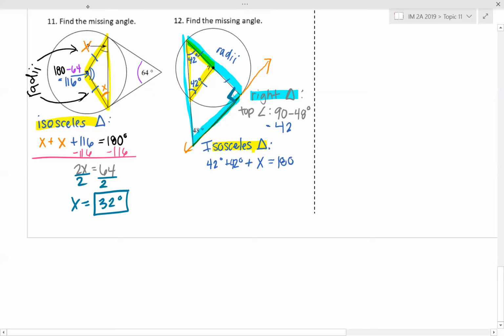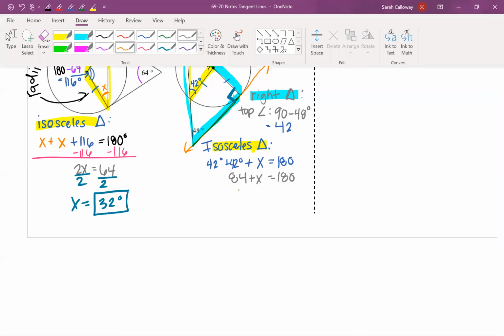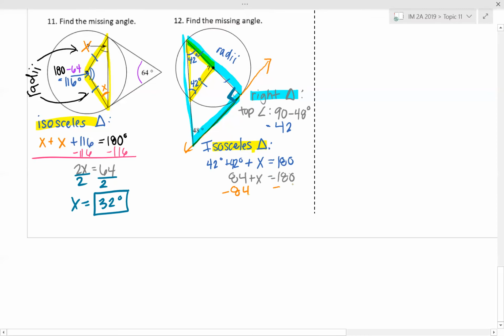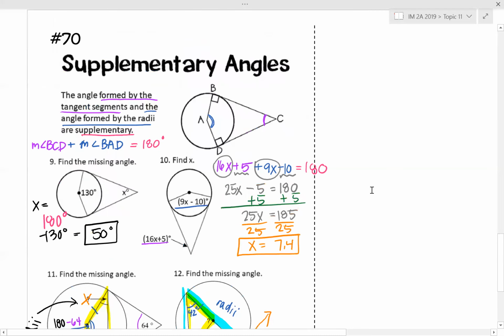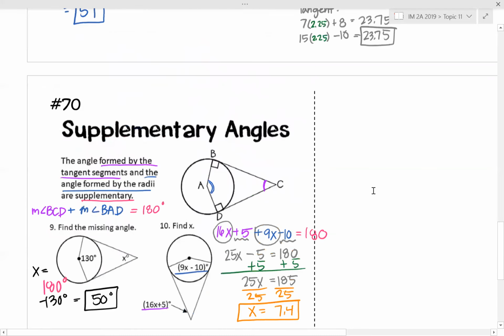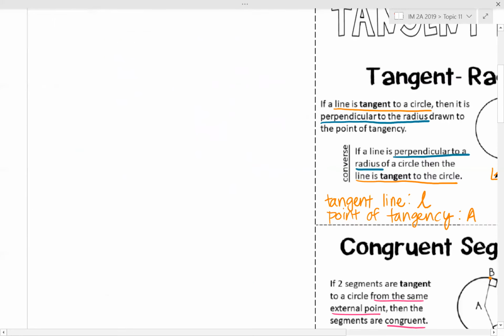So that means that we have 84 plus x equals 180. And thus subtracting 84 from both sides tells us that that missing angle, which I called x, is 96 degrees. So those are all the situations with tangent where we can use equalities and other theorems to solve for a missing piece.